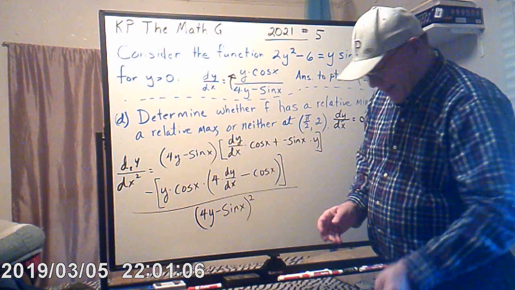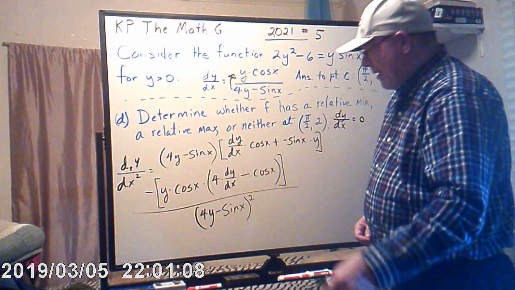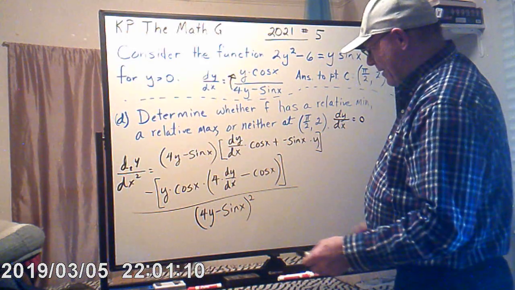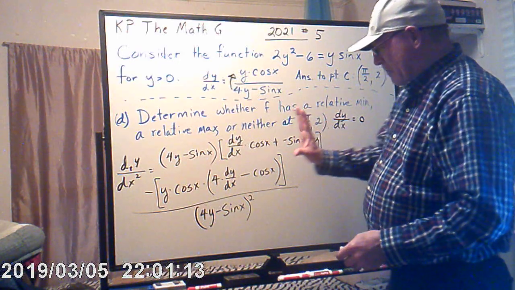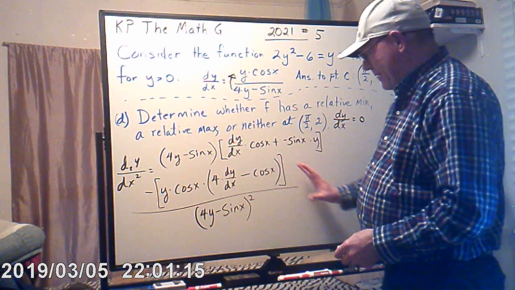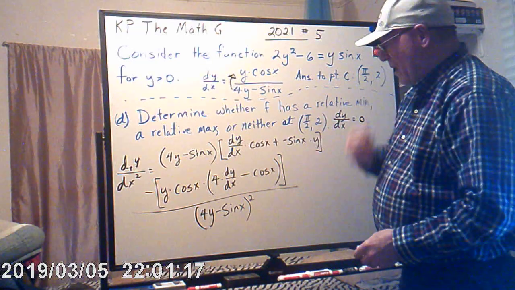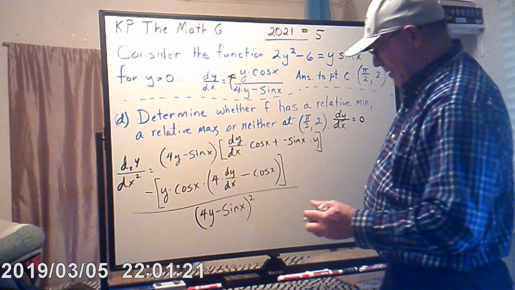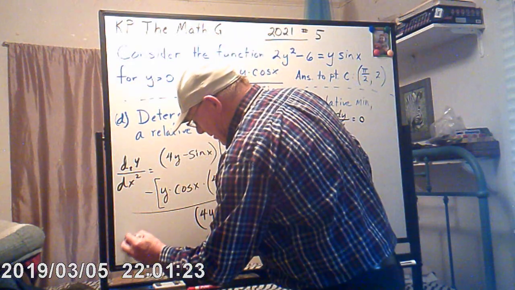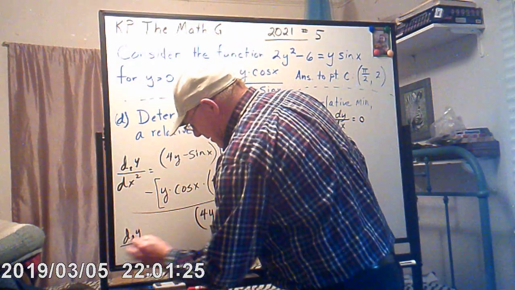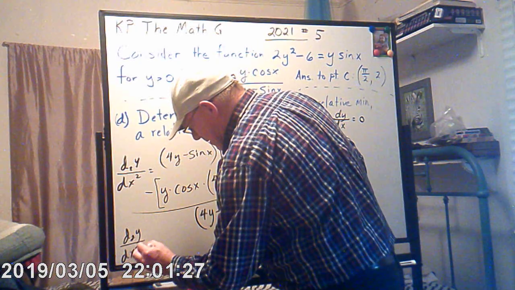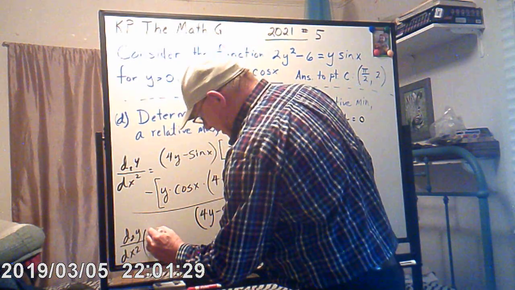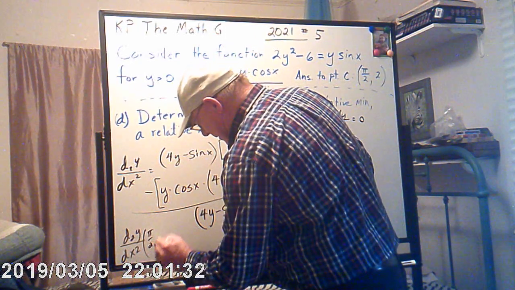Alright, so let's see now. Let's start looking at this now. Now that I have my derivative here, I'm going to start plugging in d2y over dx squared, and we're going to start plugging in pi over 2.